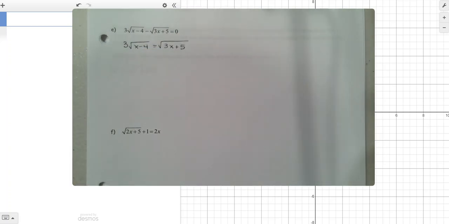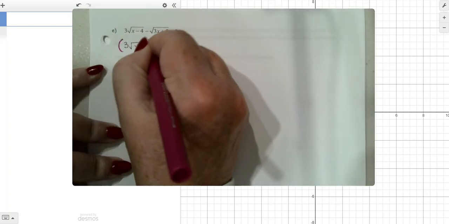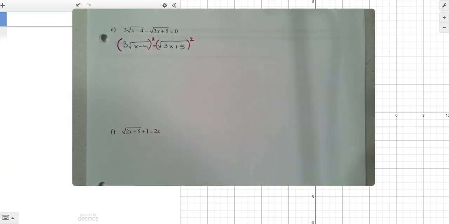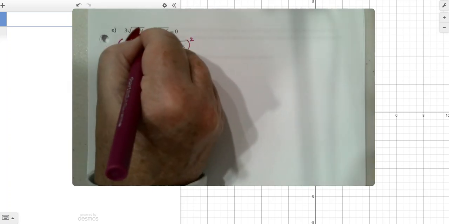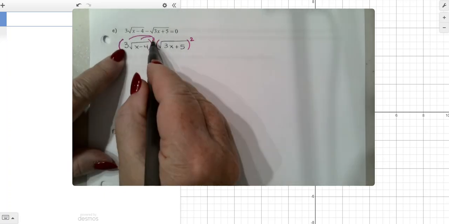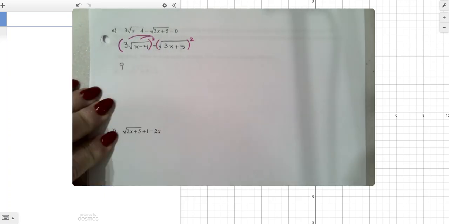All right, to get rid of the square root, I need to square both sides. And notice this square has to apply to both factors. So 3 squared is going to be 9.